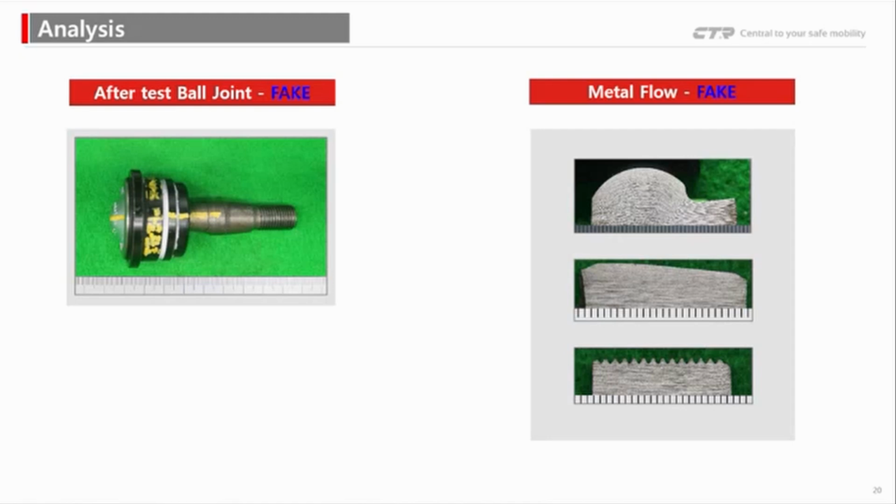The grain flow is not smooth and looks broken. This means the part is weak and may break during driving. These are serious risks that customers cannot see from the outside. That's why we check the inside in detail carefully. Now, let's look at how the CTR genuine parts perform.